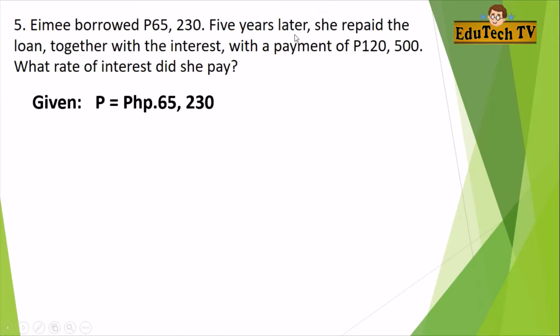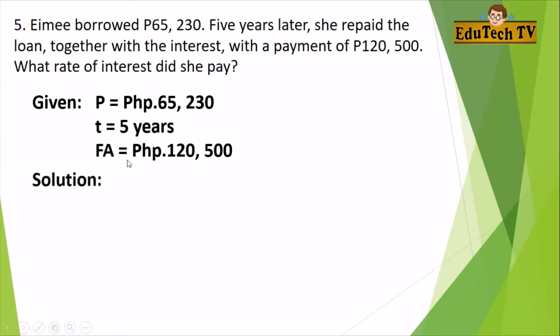And 5 years later, this one is our time. Then she repaid the loan together with the interest. When you pay the loan together with its interest, that's already our final amount. So this amount, 120,500 pesos, is our final amount.